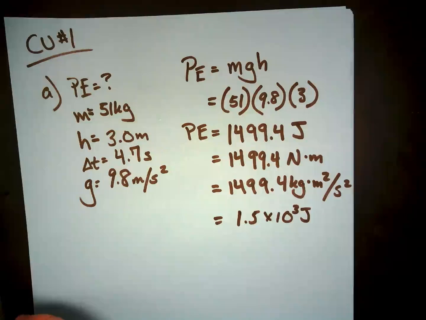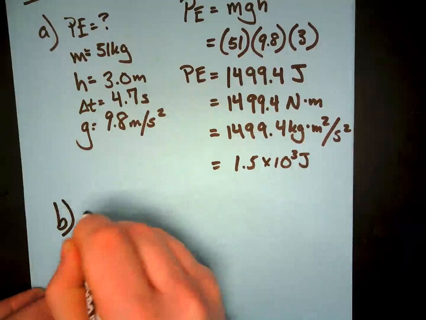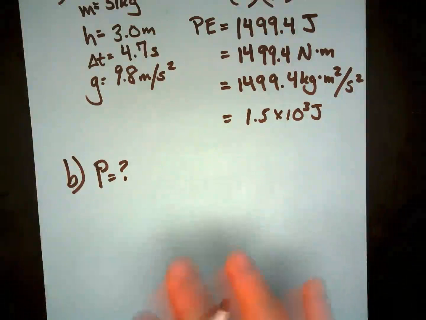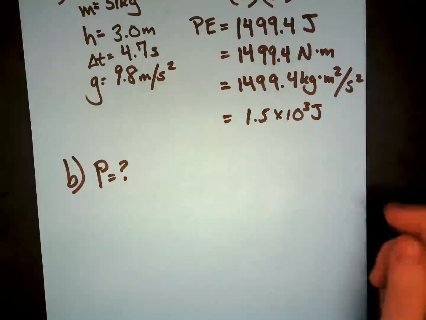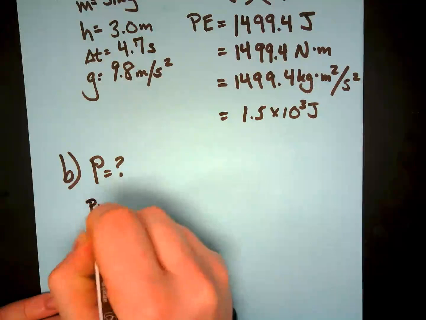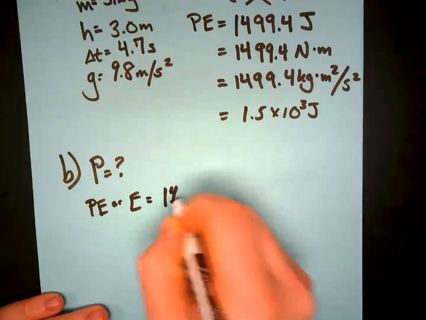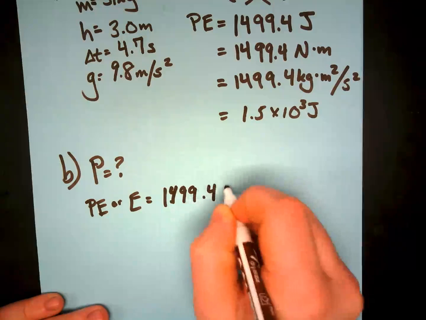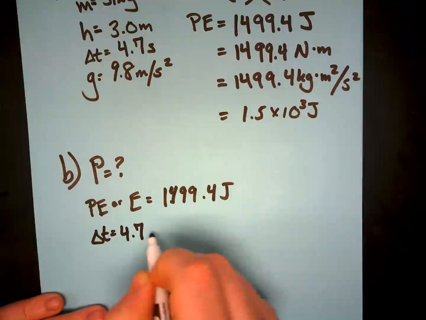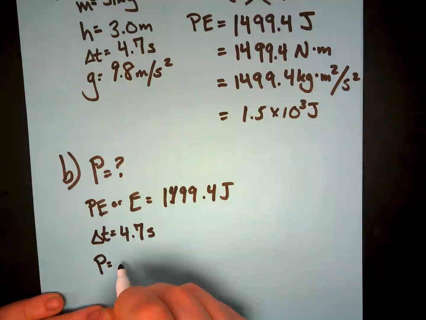So here we found the gravitational potential energy. Now we've got to find out what P is equal to. What is the amount of power that was put into this to go from 0 up to 3 meters? Well, we've got the amount of energy, 1,499.4 joules. We have time, 4.7 seconds, because we need those two.